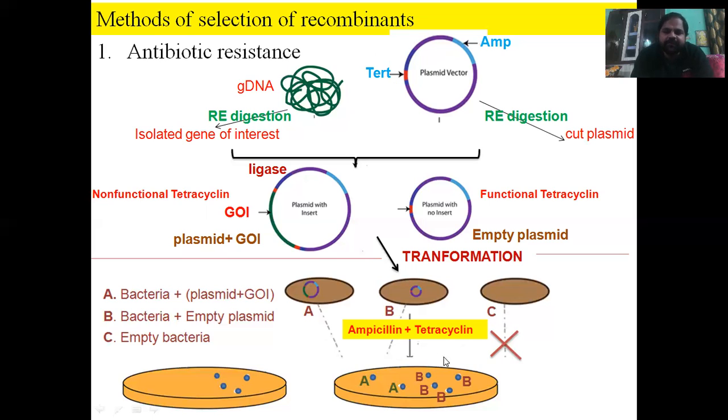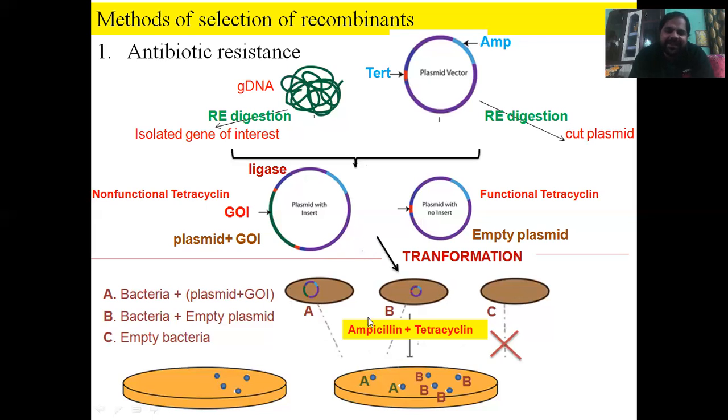Now what will happen? We will grow this colony in ampicillin medium. Then we will make the replica copy of this plate. Now we will grow these bacteria in tetracycline. Now we can see that in tetracycline, only B type cells will grow, because they are producing both of the proteins, for tetracycline and ampicillin resistance.